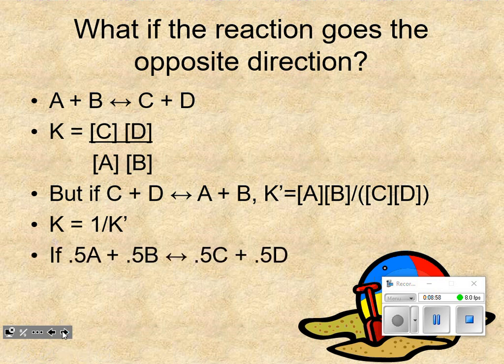Another way we could, here's our original reaction, but what if I had 0.5 in front of all these? So if I have 1/2 as the coefficient, when I do products over reactants, I'm taking them to the 1/2 power. Well, if everything's being taken to the 1/2 power, I could just take the square root of that original K value and get the K prime, the new K, for this reaction here.